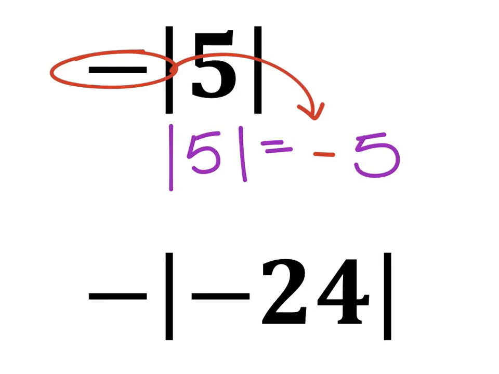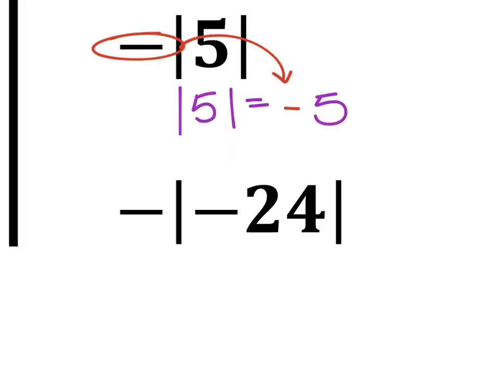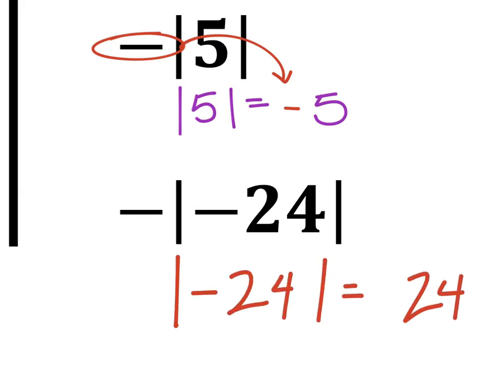The same with this next example. I'm going to take first the absolute value of negative 24, which is 24, but I can't forget about the negative that was on the outside of the absolute value and apply it to the answer, which makes this now a negative 24.